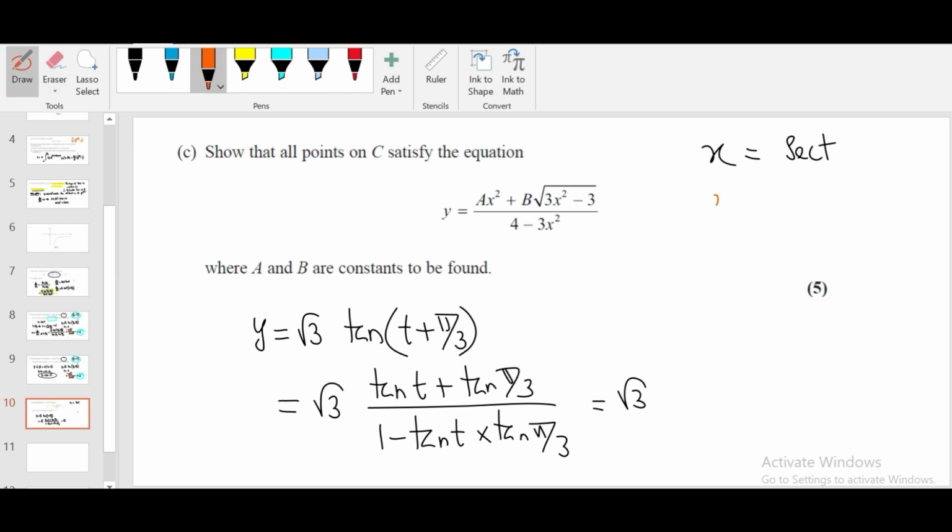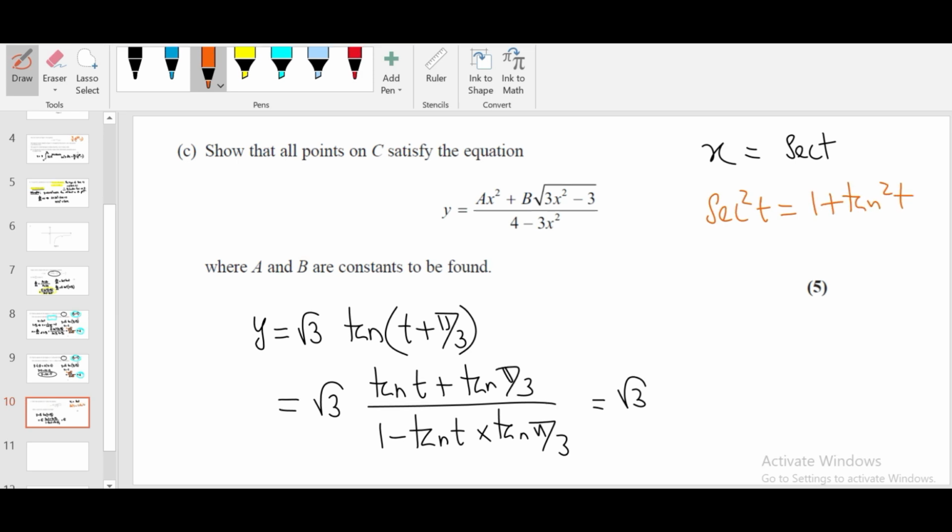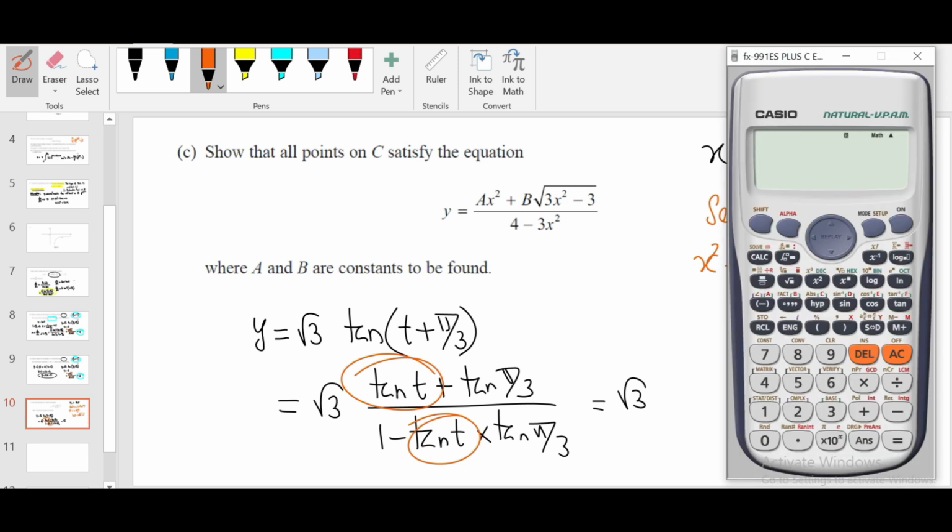Secant square minus tan square is 1. So secant square is 1 plus tan square. We need tan square, we need tan t actually. So tan square t is secant square minus 1, which is x square minus 1. So tan t is going to be square root of x square minus 1, and then tan pi over 3.